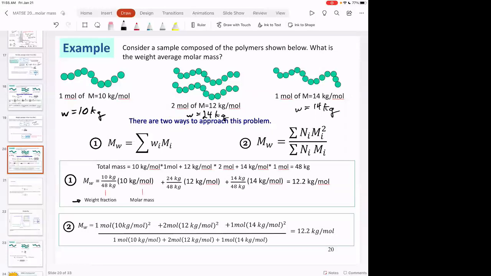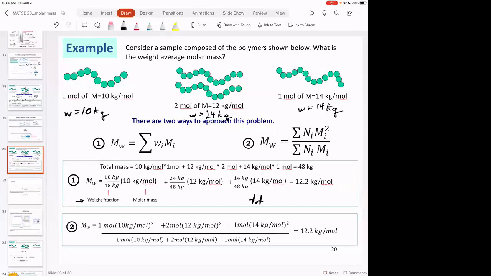So see what I did there? You're just multiplying to get the masses. If you've got moles and you know the molecular weight, you can get the mass, same as you've done since high school chemistry. And so now to get the weight fraction, you just take 10 kilograms and the total weight equals 10 plus 24 plus 14.